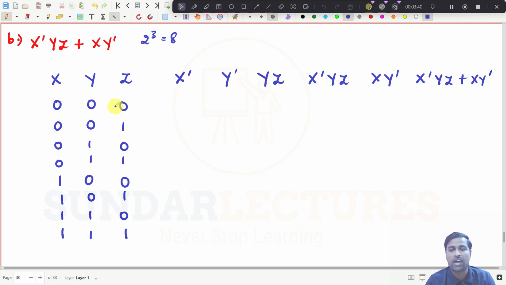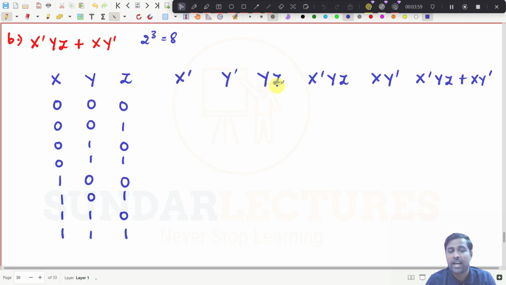So you have to split your truth table like this, right? I will explain again. See, first you get the complements. If you need complements, then you do this one. I have not gone for z dash, because I don't need z dash here. And you need this multiplication.